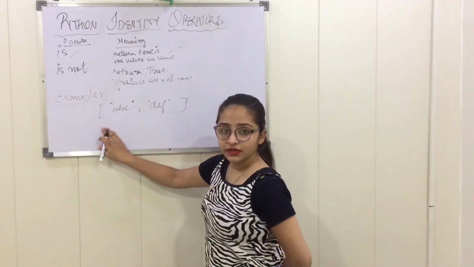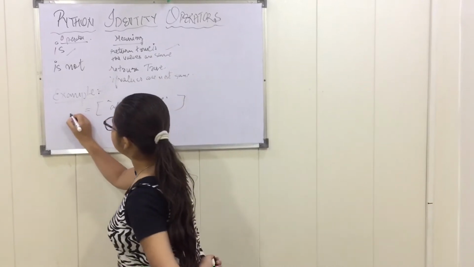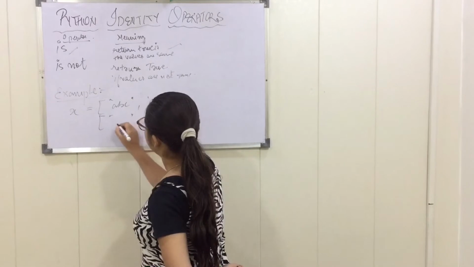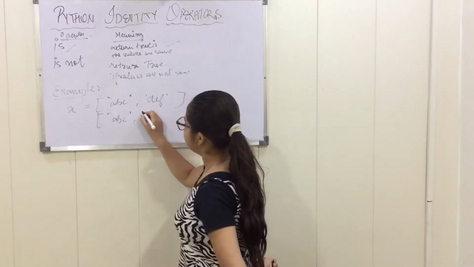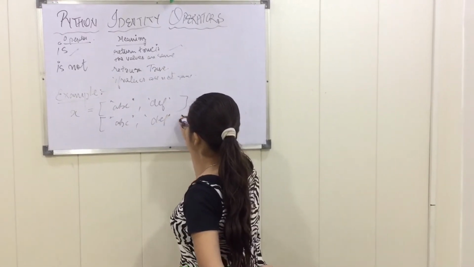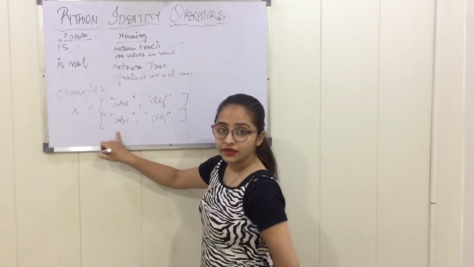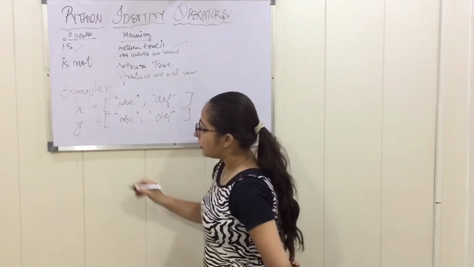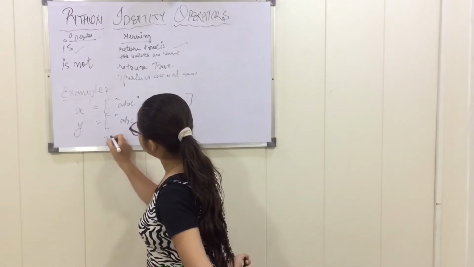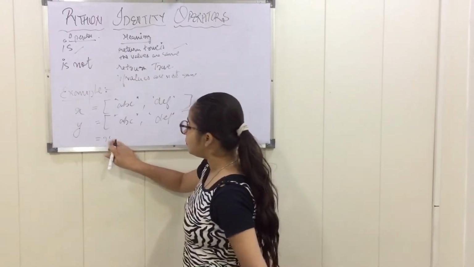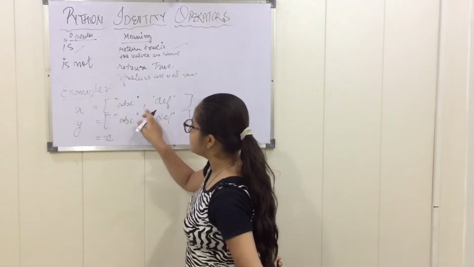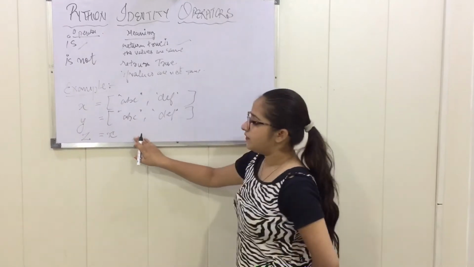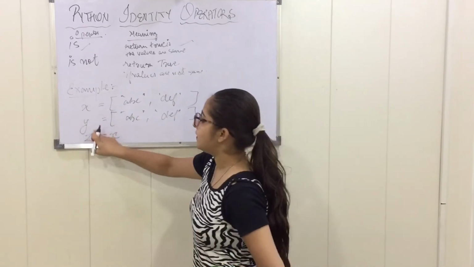I'll put this into a variable, suppose my variable name is X. Now I am taking the second value, also the same ABC and DEF, and putting it into a variable named Y. Now I am taking the X variable and putting its value into a variable named Z.